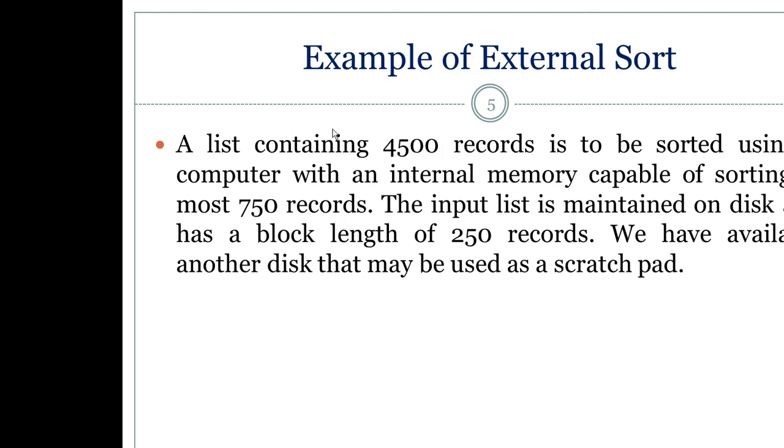So the complete data cannot be loaded at a time into main memory. It means here we have to use the external merge sort. The input list is maintained on a disk and has a block length of 250 records.